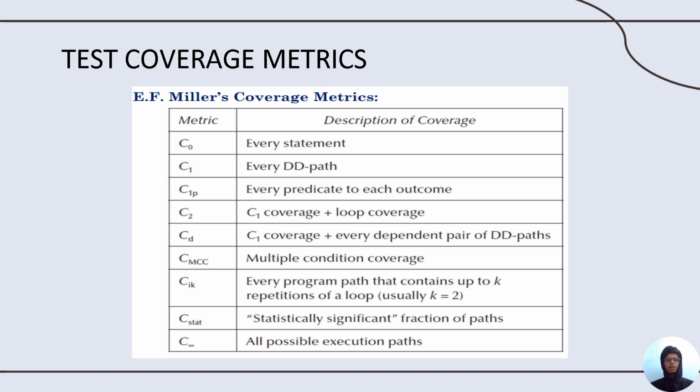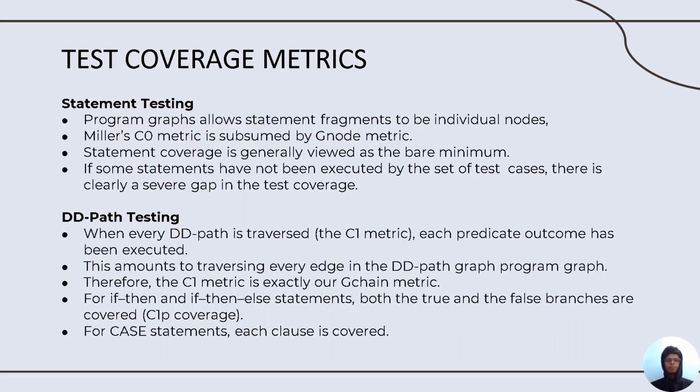Then we have CMCC, that is multiple condition. Then CIK, every program path that contains up to K repetitions of the loop. Usually K is equal to, so C stat, that is statistically significant fraction of paths. And at last we have C infinity, that is all possible execution paths.